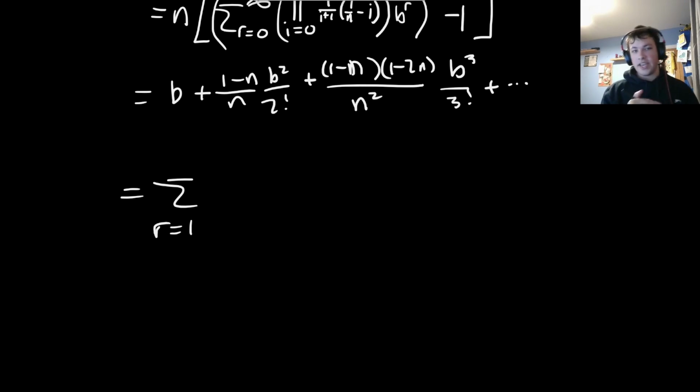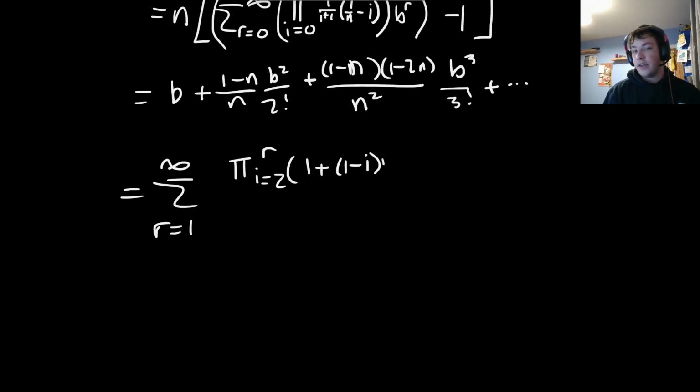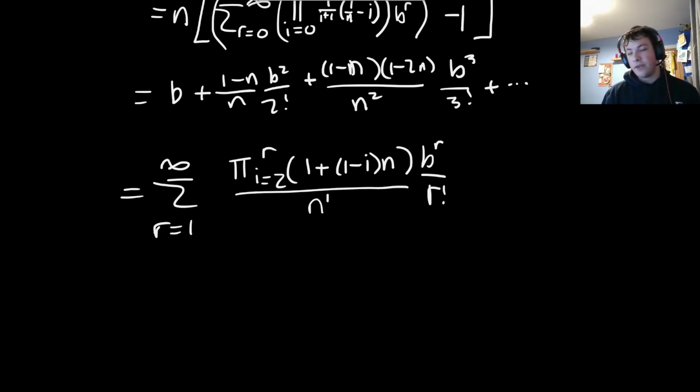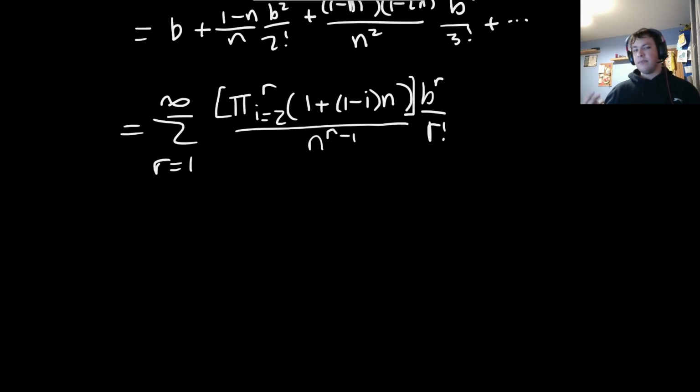The 0 term is going to get cancelled out by the minus 1. So 0 to infinity, and then we get a product up here. i is going to go from 2 to r, 1 plus 1 minus i, n, b to the power of r over r factorial, and divided by n to the power of r minus 1. This product is contained like this. So that's our next step.